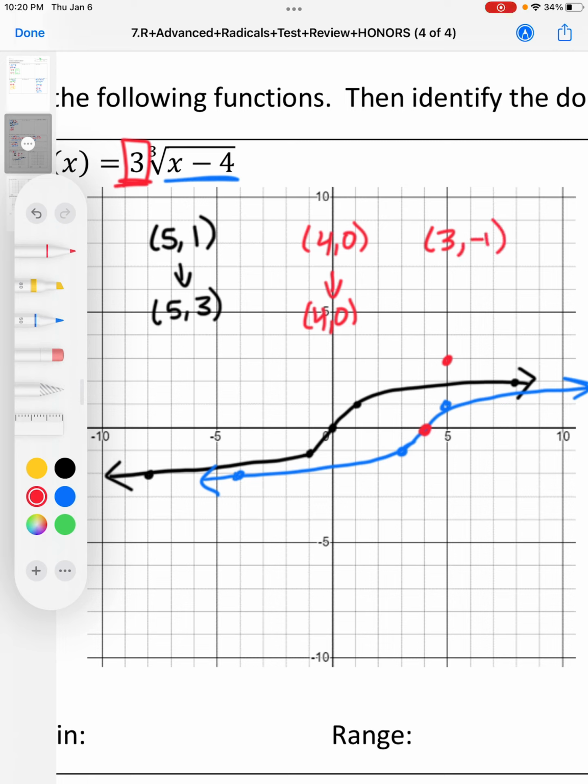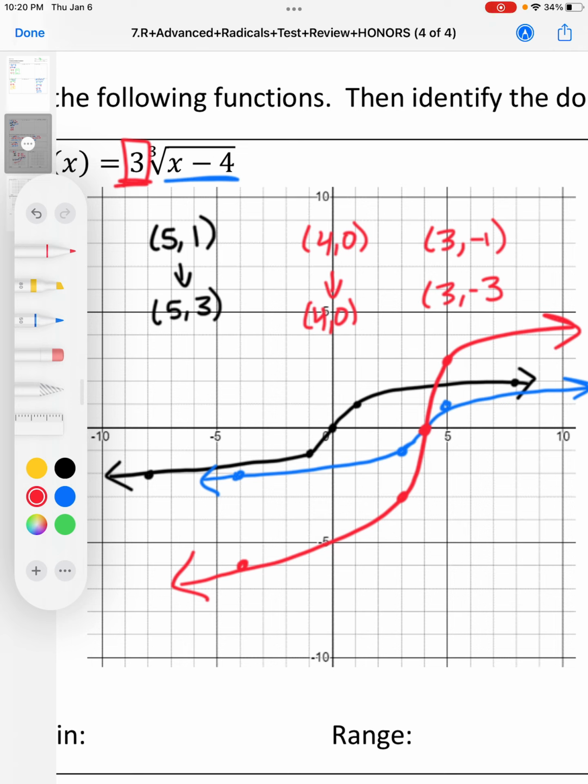So if I times my y value by 3, I'm going to get (3, -3). Okay, so remember we're just timesing all our y values by 3. So here our y value is -2, times it by 3, we're going to get -6. So we can connect the dots, and voila, the red one is our new graph.